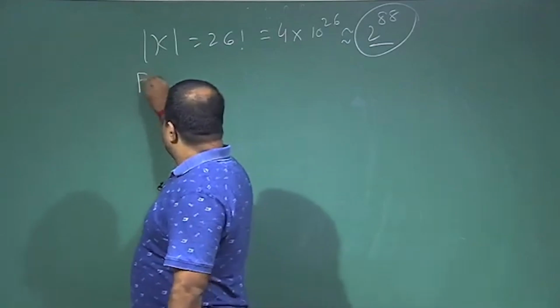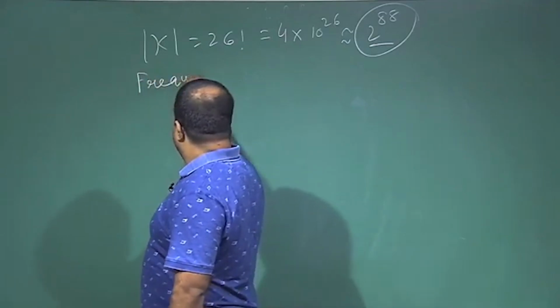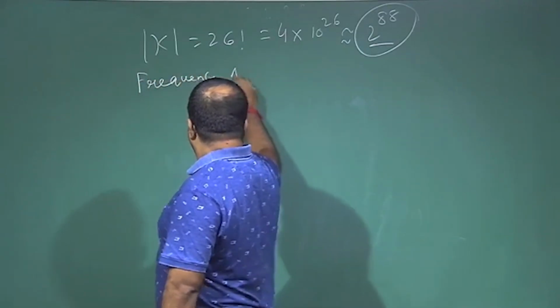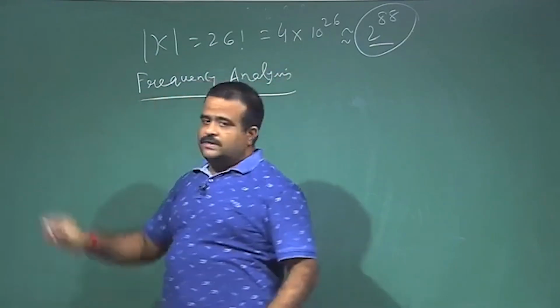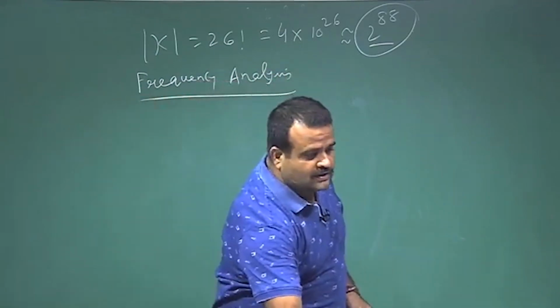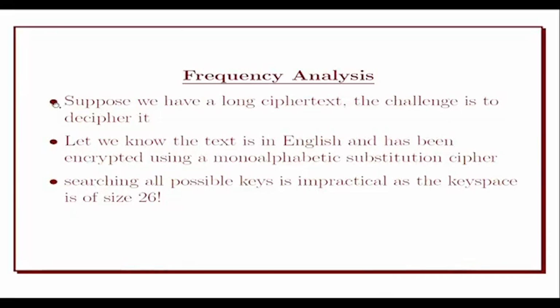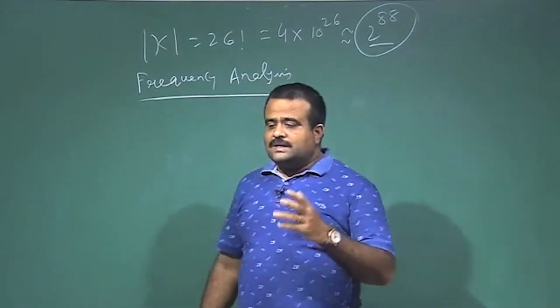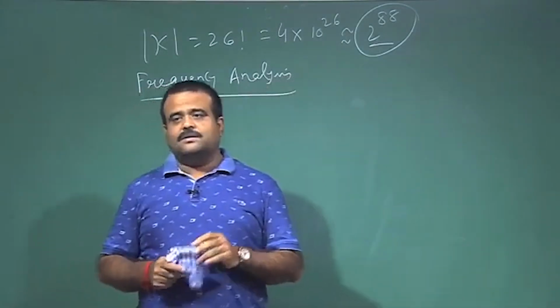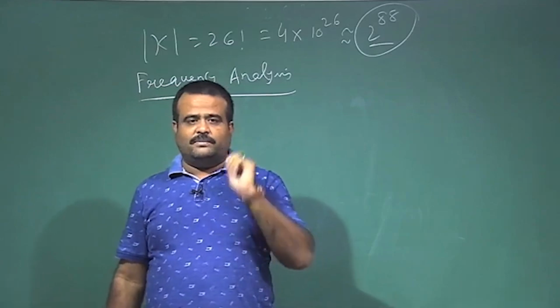But there is an attack model which is called frequency analysis. This can be mounted for this attack, because our text is English text. We know the plain text and ciphertext are basically English. So, in English text there is a pattern in the frequency of the alphabets.